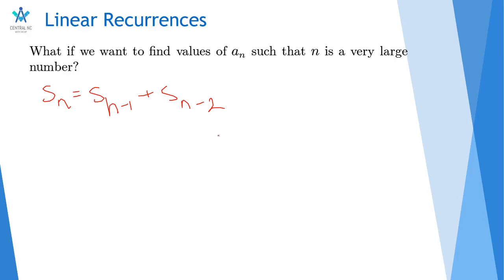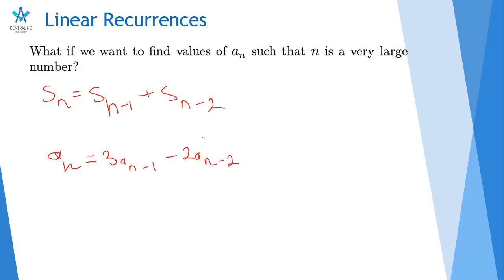So let's say you had the recursion a of n is equal to 3a of n minus 1 minus 2a of n minus 2.